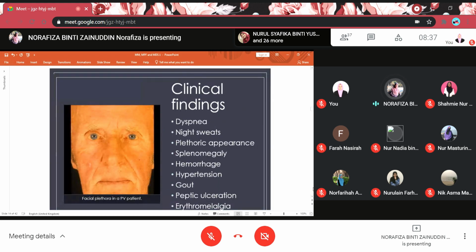Okay, so these are the clinical findings of patients with PV. They have headaches, dyspnea, blurred vision, night sweats. They can also have this plethoric appearance, caused by dilation of superficial blood vessels. They can also suffer from splenomegaly, hemorrhage, hypertension, gout, peptic ulceration, and also erythromelalgia.